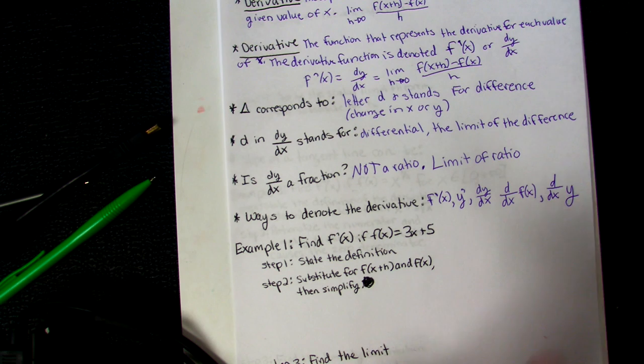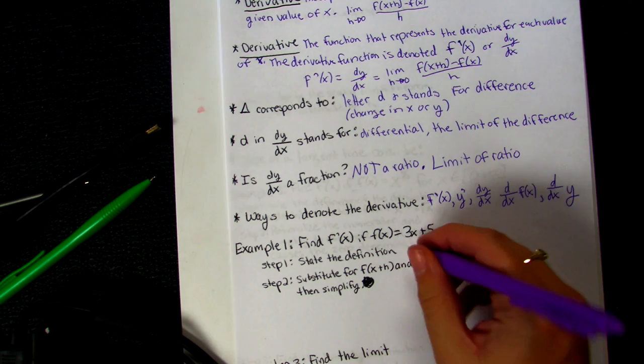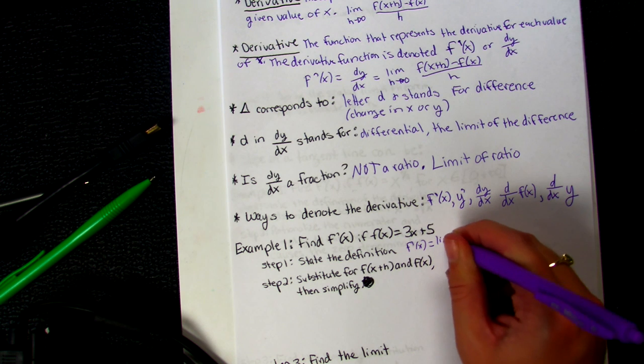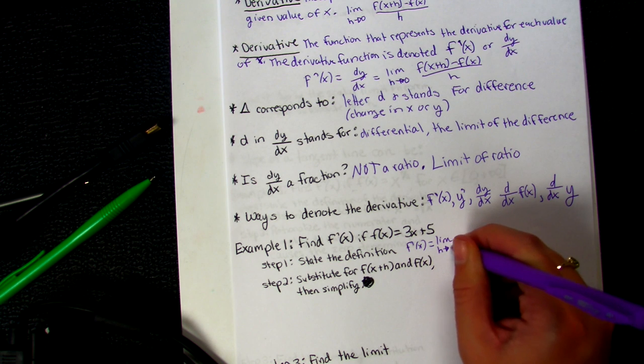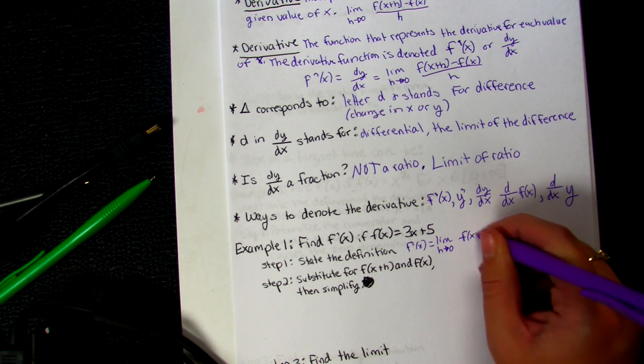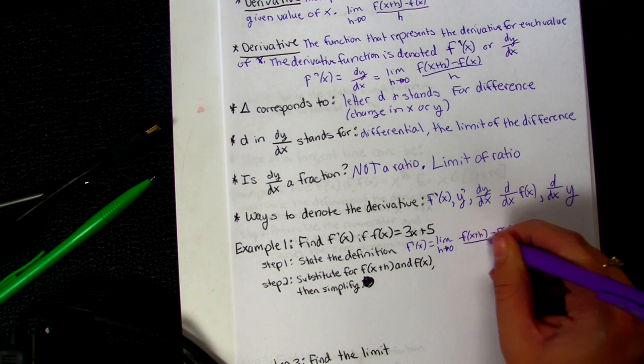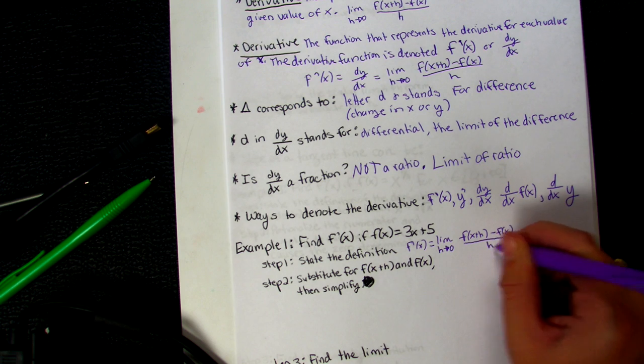So let's do an example. Let's say we want to find the derivative if f of x equals 3x plus 5. So first things first, let's go ahead and state the definition of a derivative, which is f prime of x is equal to the limit as h approaches 0 of f of x plus h minus f of x over h.